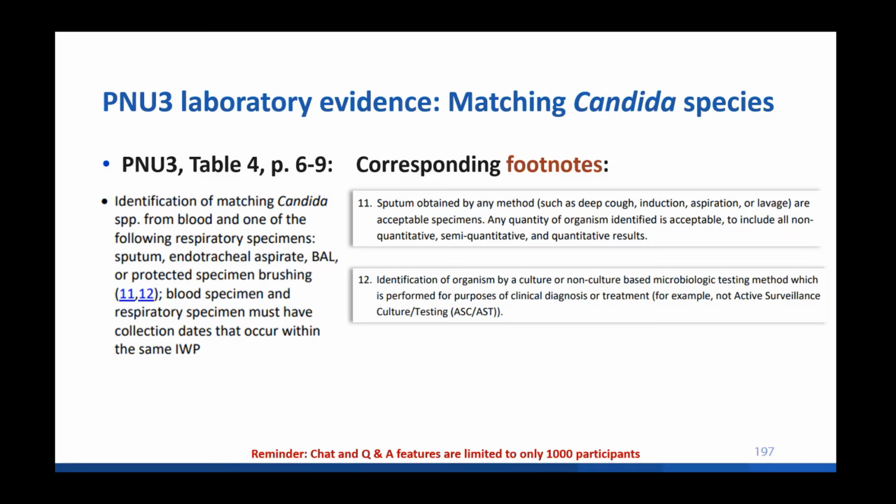Footnote number 11 indicates that a sputum specimen is an eligible specimen and that any quantity of Candida identified is eligible. So Table 5 requirements do not apply. The result can simply identify a Candida species and be eligible for use. And footnote number 12 indicates the organisms can be identified by either culture or non-culture-based testing methods.